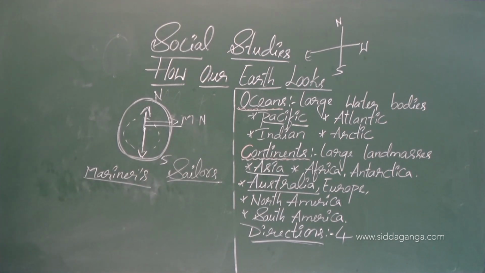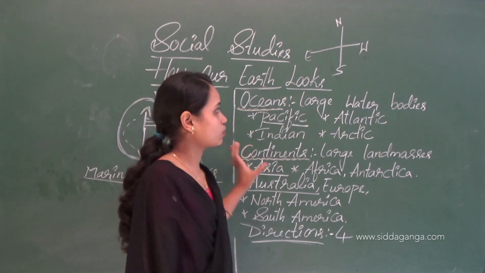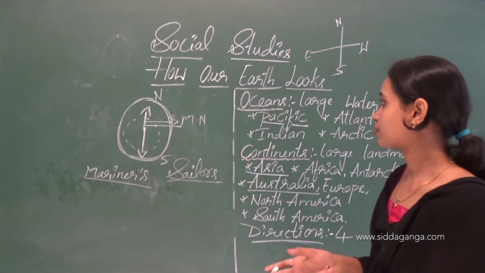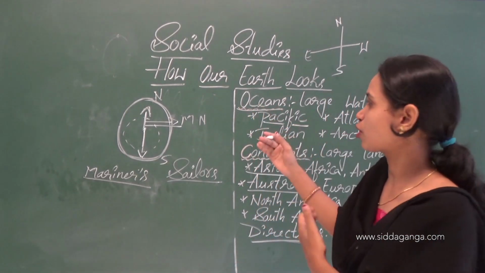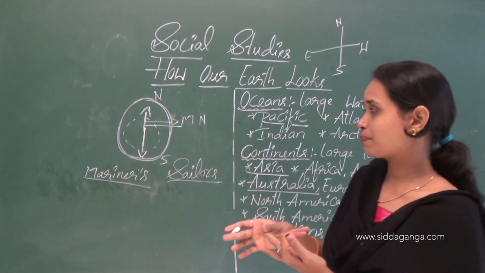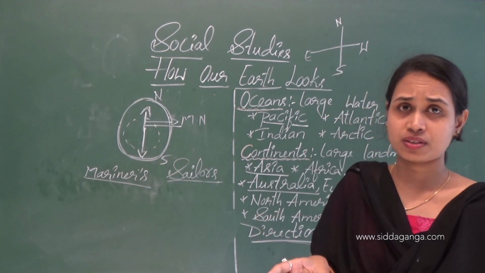So how does our earth look? This is all about our earth. In this chapter we studied about the globe, maps, oceans, continents, and then directions.